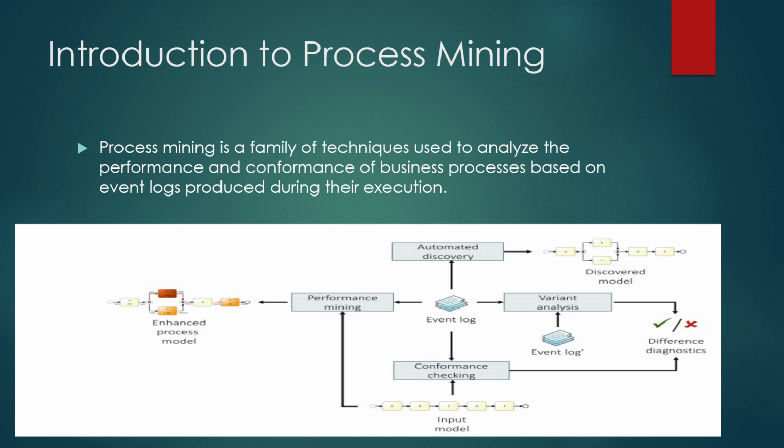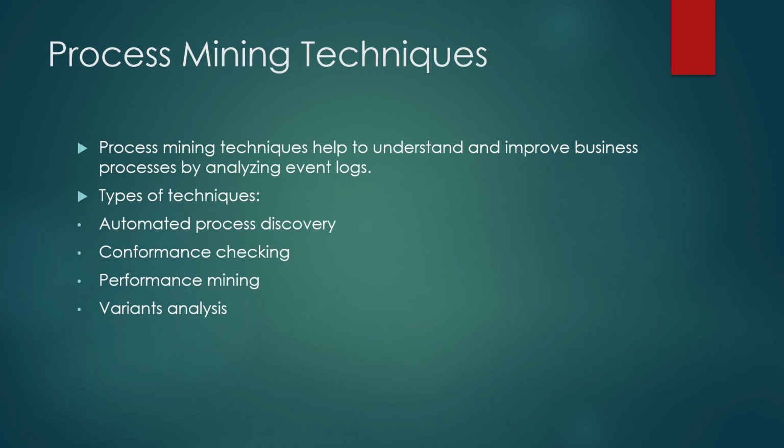Now we have four types of process mining techniques. The first one is automated process discovery, which creates a model from event logs to visualize the actual process flow. Then we have conformance checking, which compares the event logs against the predefined process model to identify deviations.